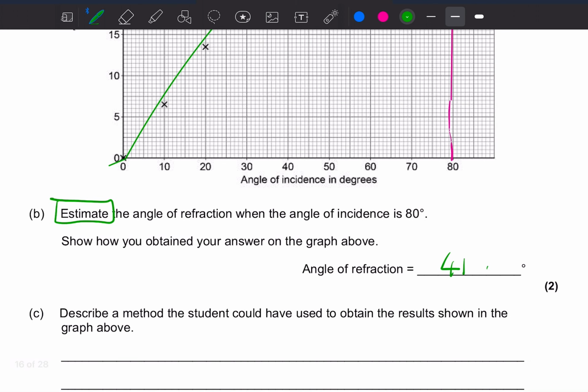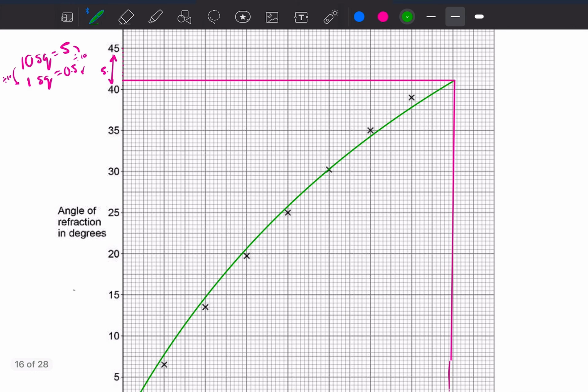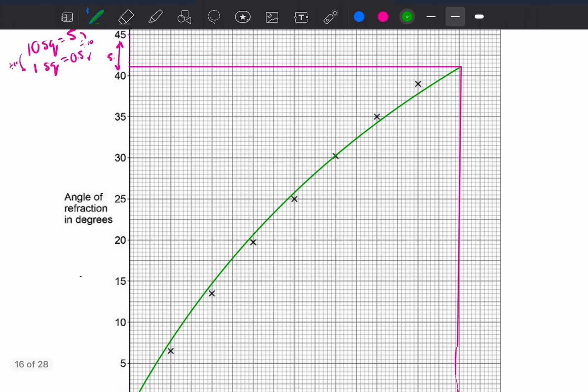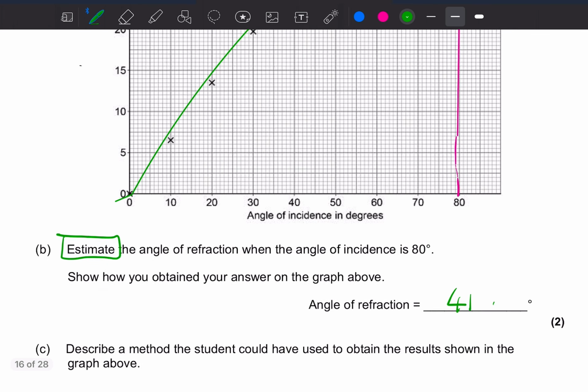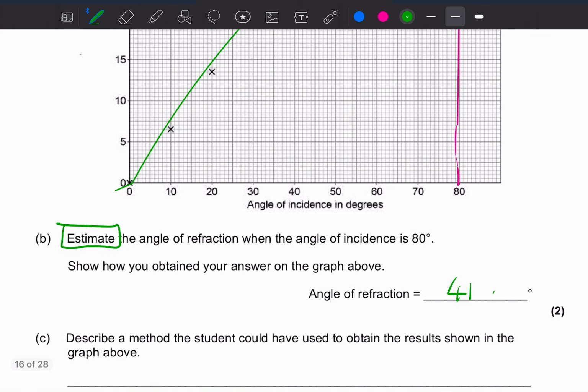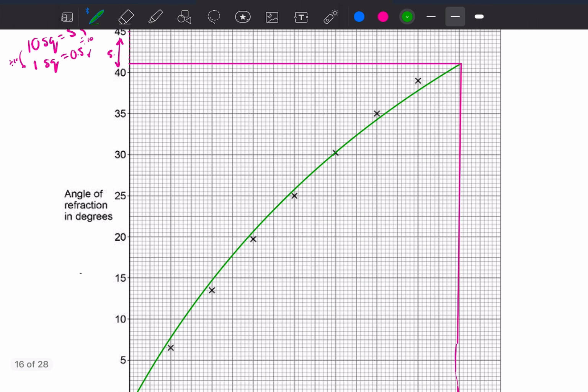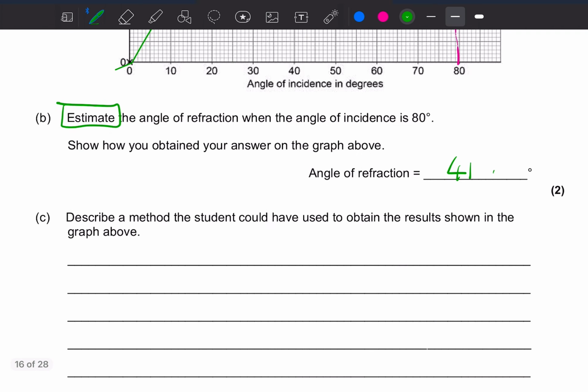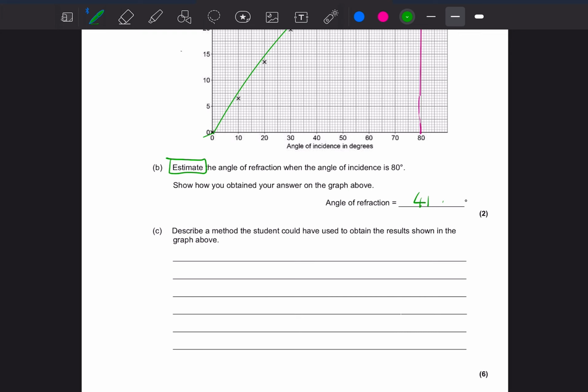One of them you'll get as long as you've got a line of best fit that you've extrapolated to the 80 degrees, so you know what you're doing. The second mark will be for actually drawing your guidelines and figuring out that that's 41 or somewhere in that region.